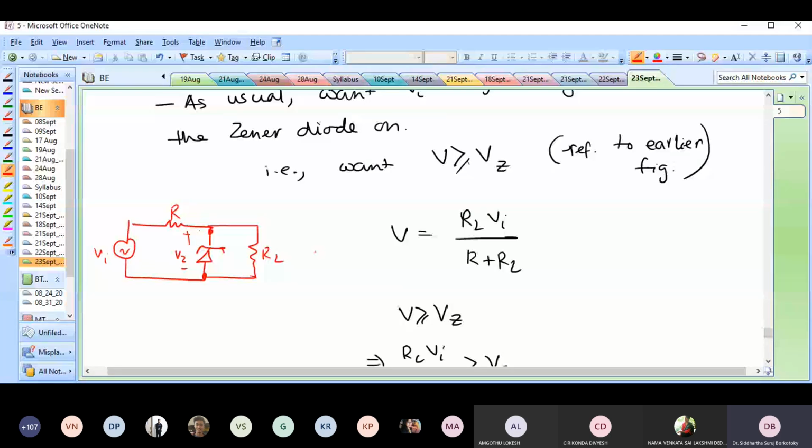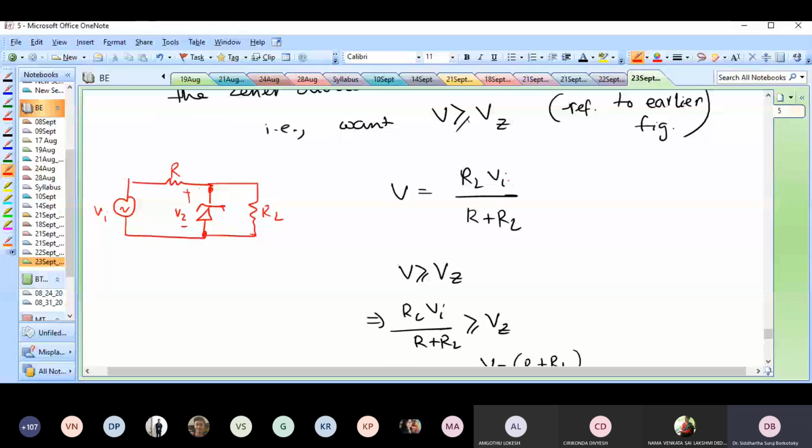So we have this, and then I want to set the value of V at least as large as Vz. So I want to make it larger than or equal to Vz.